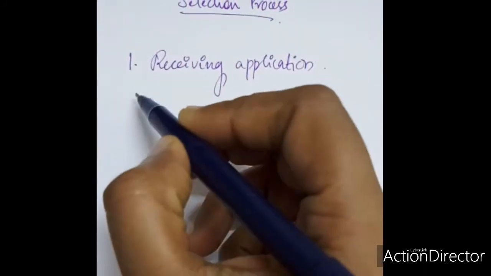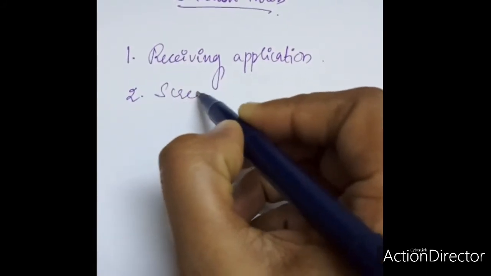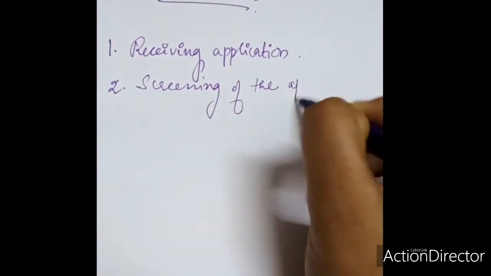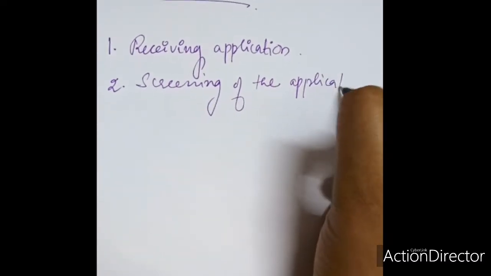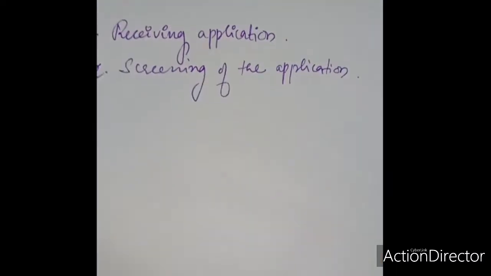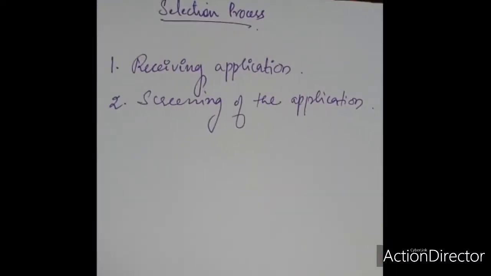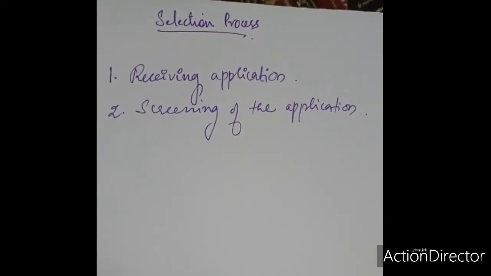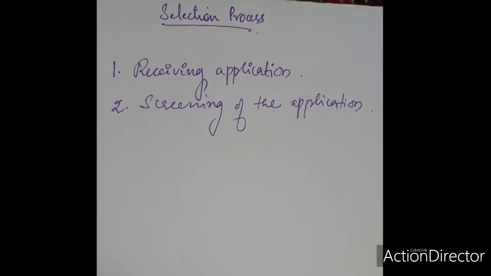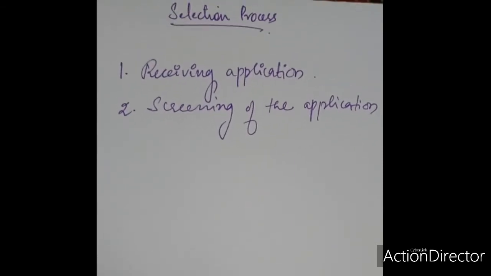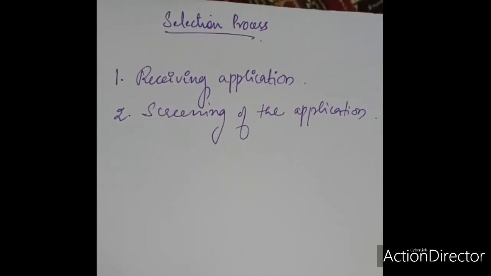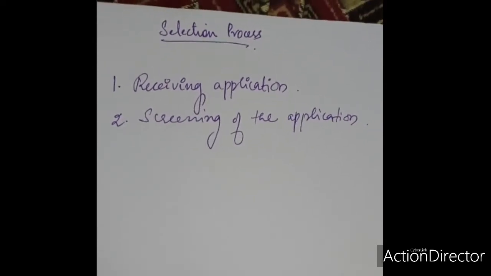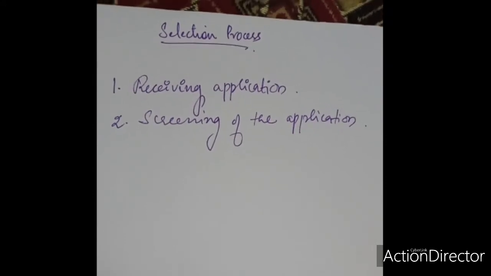Secondly, it is screening of the applications. As we've discussed in the previous point of receiving the application, simultaneously the screening process also will happen, because the organizational HR or human resource managers will be well aware of the post and the position and the people who are actually eligible for the post.